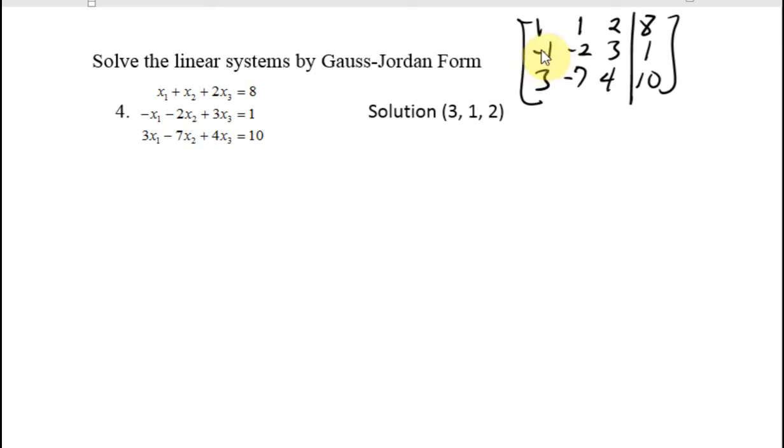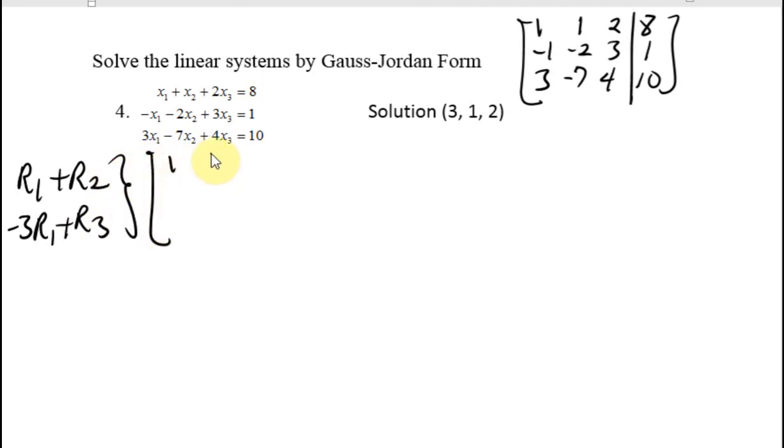This guy's already a negative. So row 1 plus row 2, and then negative 3 times row 1 plus row 3. So this is 1, 1, 2, and 8, which is adding row 2 to row 3. Negative 1, 5, and 9.